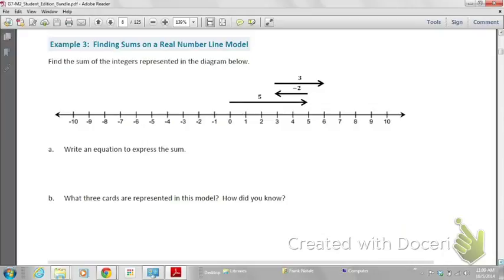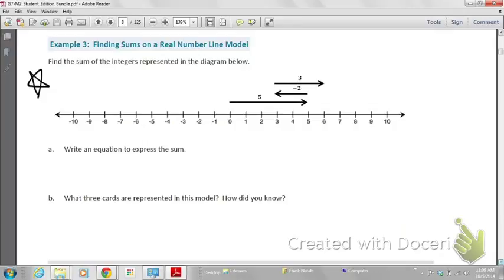We're always trying to look at it in 2 ways: create your own, and then use something someone else has created, like this number line diagram, and pull information from it. Extracting information from a diagram is really very important.